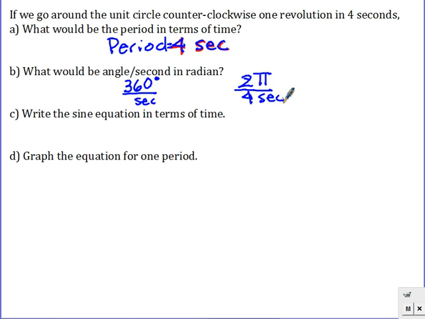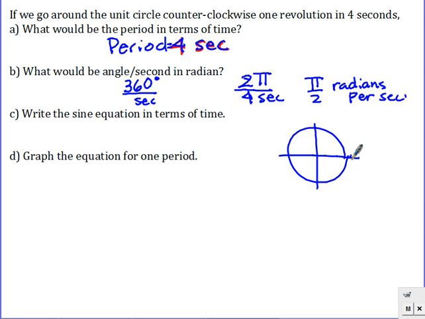So the radians per second simplifies and we get pi over 2 radians per second. And if you think about it, it makes complete sense. If I have 4 seconds to get around this whole circle, 1 second, 2 seconds, 3 seconds, 4 seconds, it makes sense. Pi over 2 radians for every 1 second.